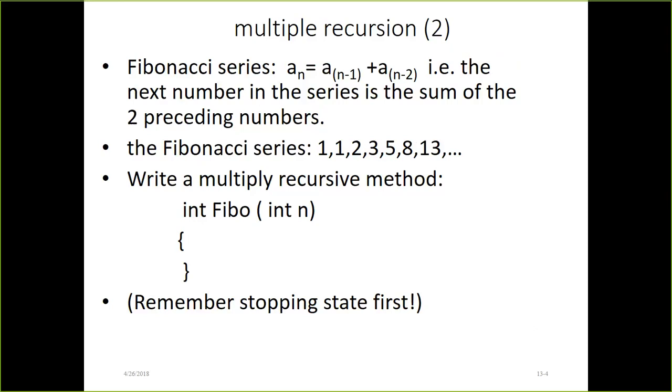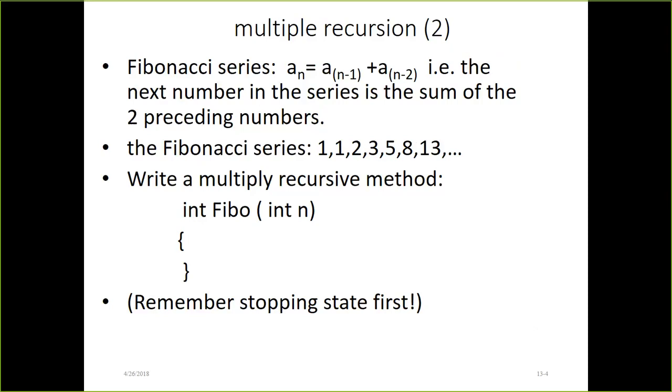So if n is less than or equal to 1, then return what? Return 1.